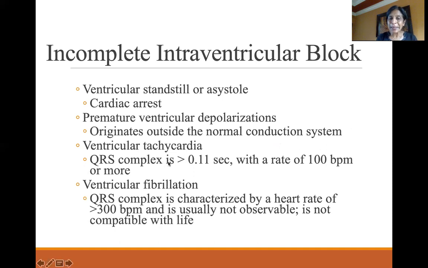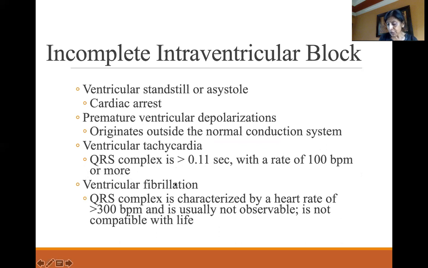Ventricular tachycardia is where the rate at which the impulses are generated within the ventricle is going to be faster than normal. Okay, the QRS complex is greater than 0.11 seconds, and the rate would be 100 beats per minute or more.